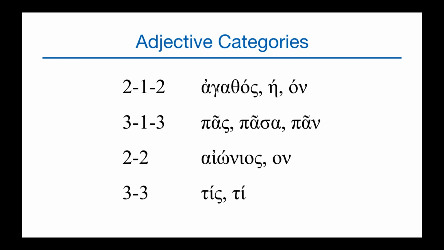These do still agree in case, number, and gender. It's a little bit more complicated. But basically, if you see that they agree in number or in case and number, you can make the assumption that they agree in gender also. It's a little bit more complicated than that, but for a way to memorize it or understand how things are being used, that's the simplest way to think about it.